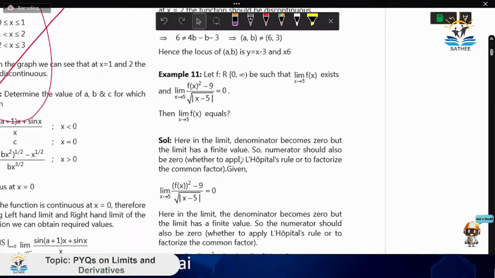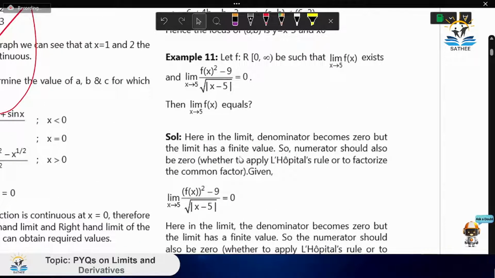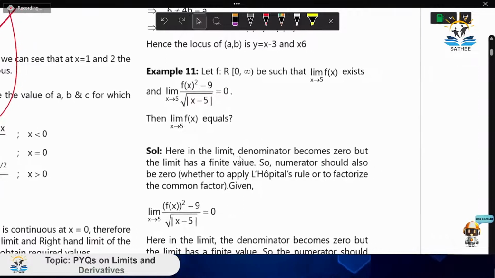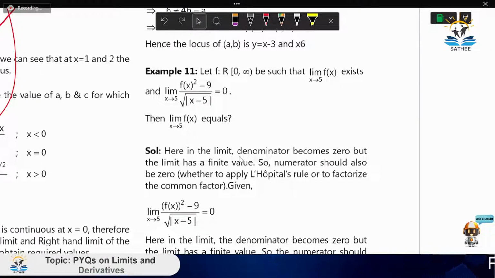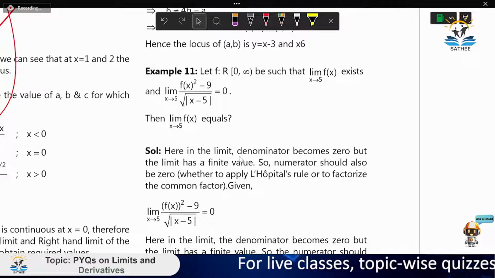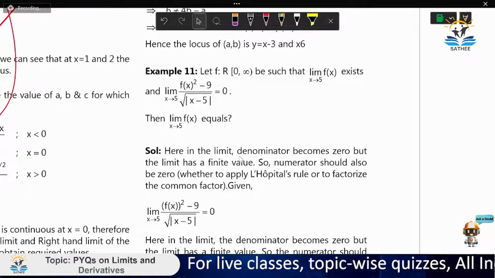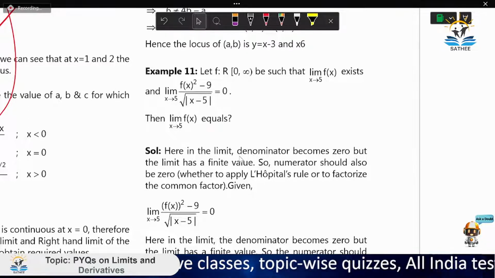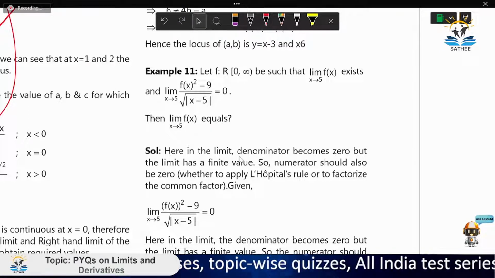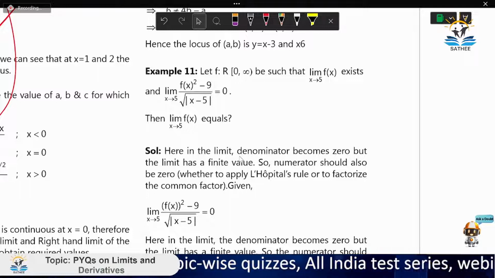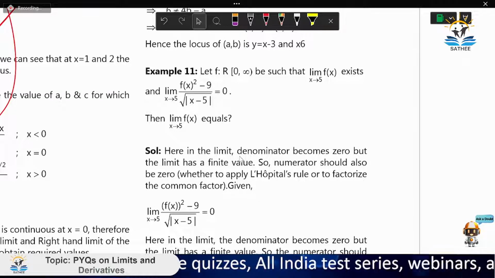So what does it say? For f, a function from real, from closed 0 to infinity, so it is a non-negative domain, such that the limit of f of x as x goes to 5 exists and the limit as x tends to 5 of (f of x whole square minus 9) over the square root of modulus of x minus 5 is equal to 0.